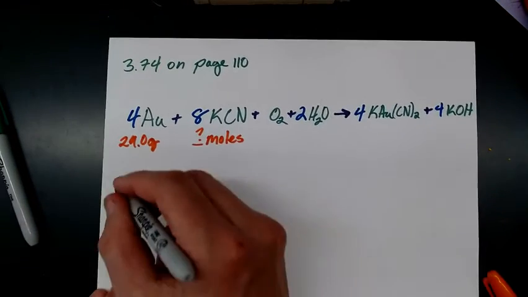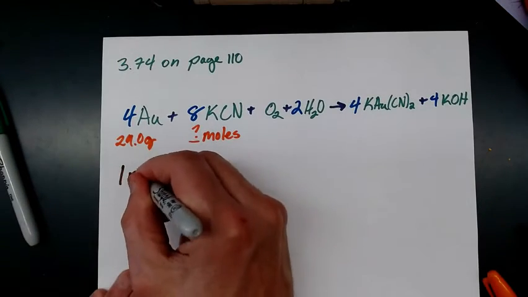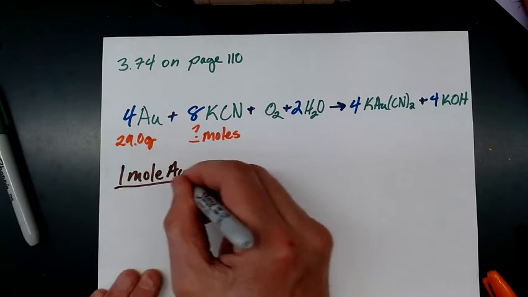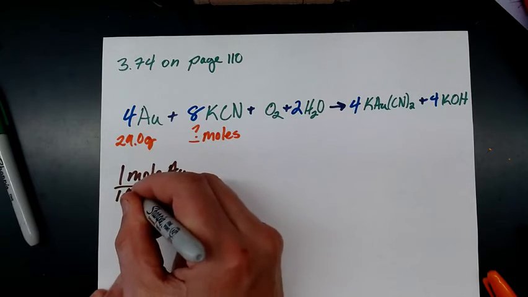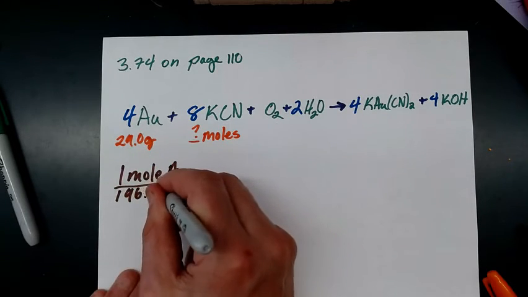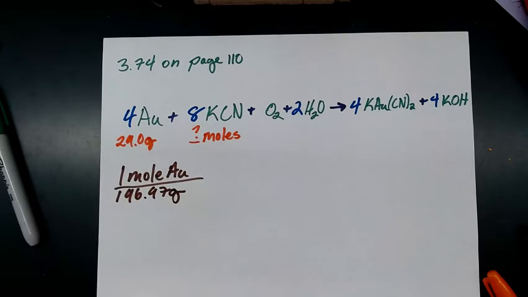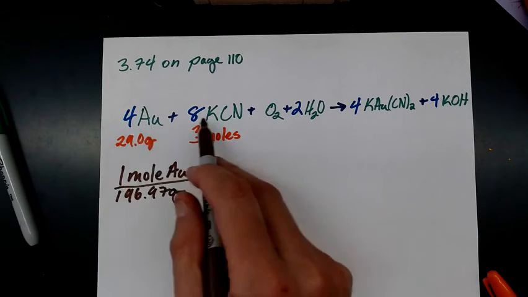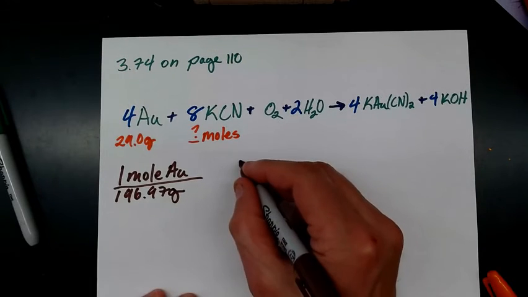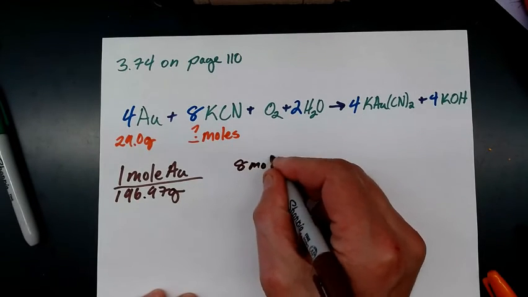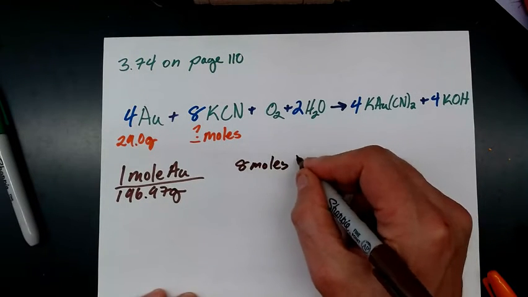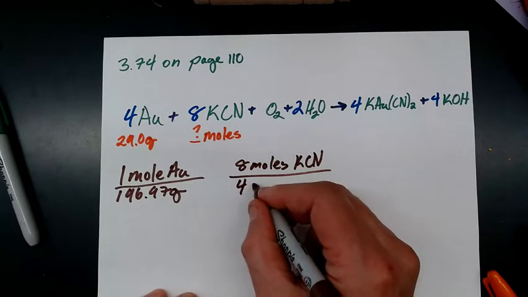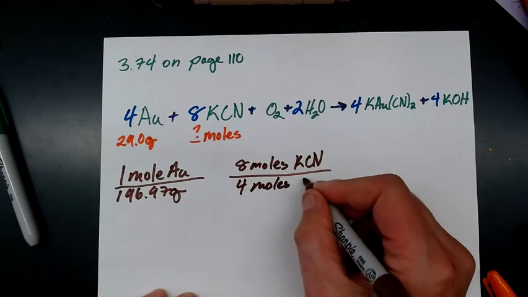So if I know that 1 mole of AU is 196.97 grams, okay, so that's one relationship. The other relationship I'm going to need is this 8 to 4 relationship. So we have 8 moles of KCN is related to 4 moles of AU.